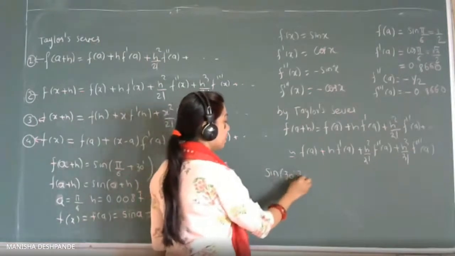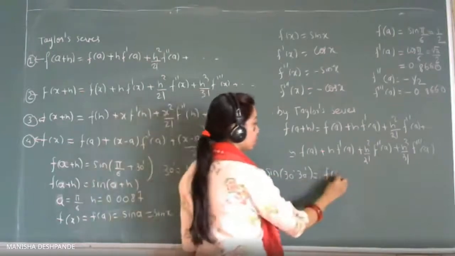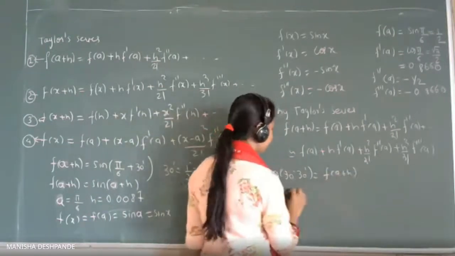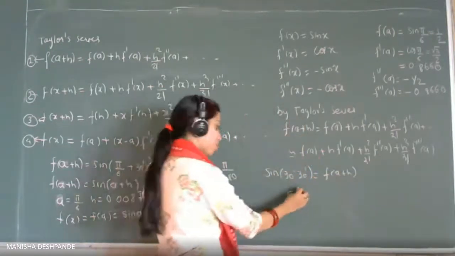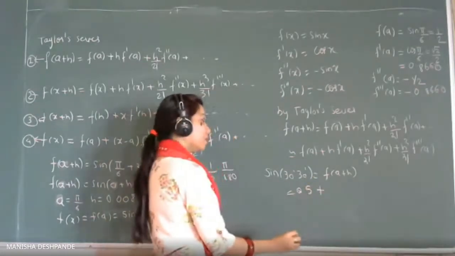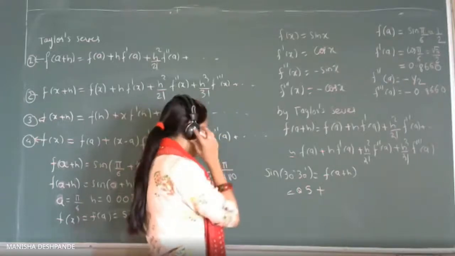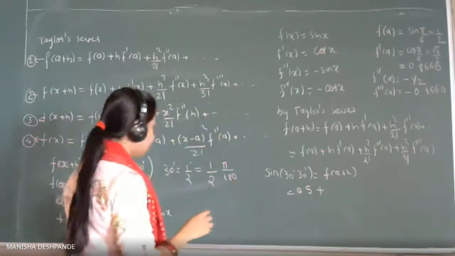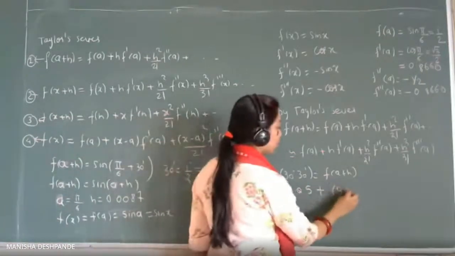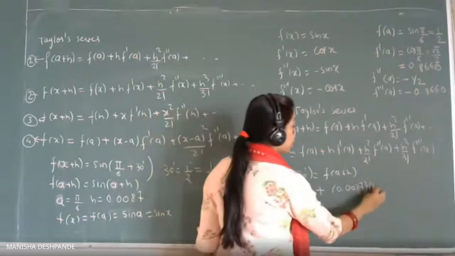This is f of a plus h, which is equal to f of a, that is half, 0.5, plus h, which is 0.0087, into f dash of a, that is 0.8660.